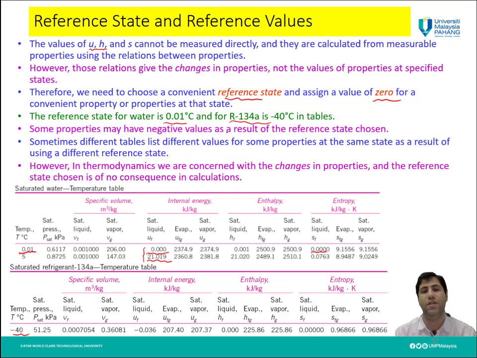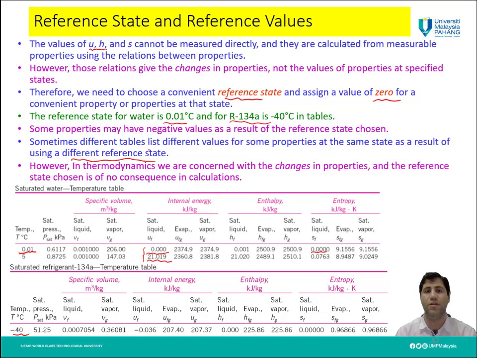Some properties may have negative values as a result of these reference states. Sometimes different tables list different values for some properties at the same state as a result of using a different reference state.